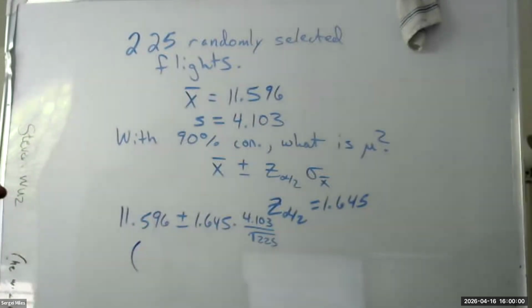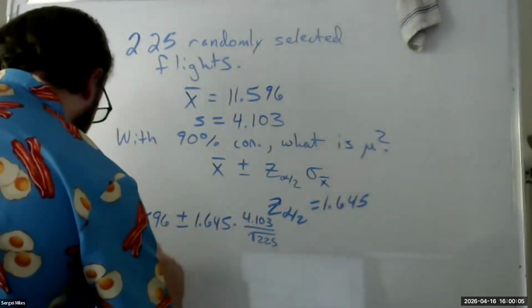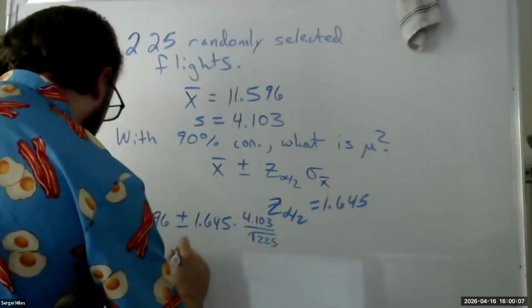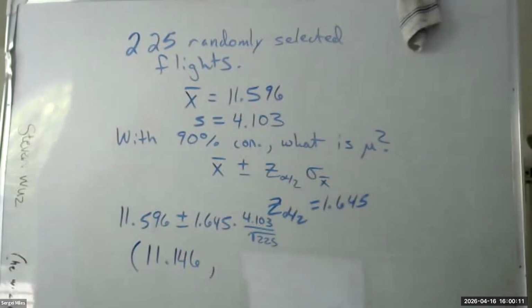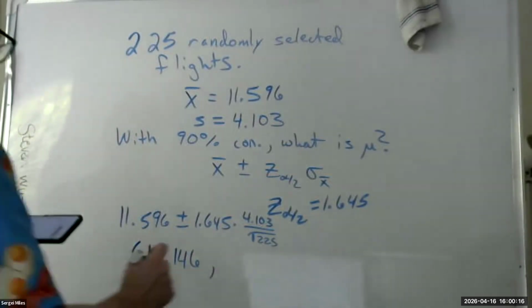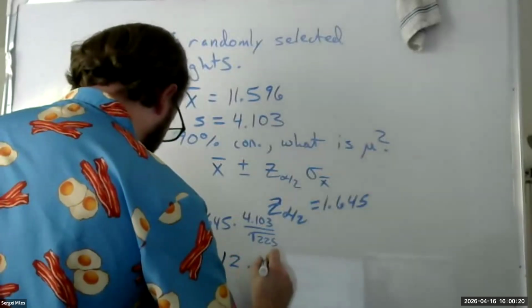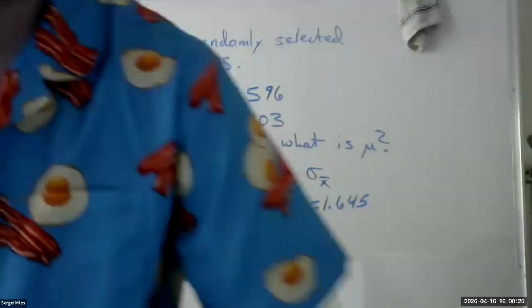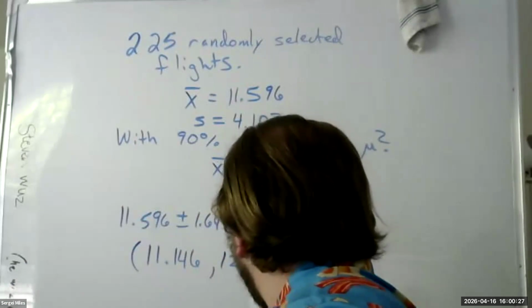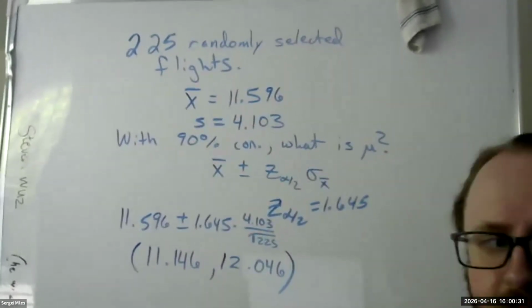And we get here for the lower bound an answer of 11.146. And an upper bound, if I switch that minus to a plus sign, we have 12.046. All right. And so the true population average is somewhere between 11 and 12 here.